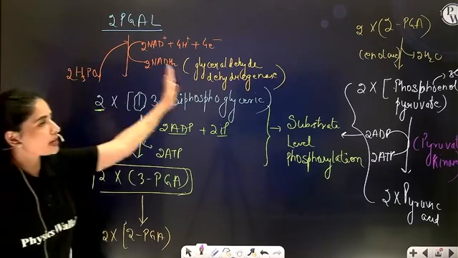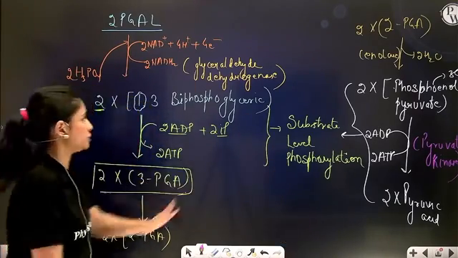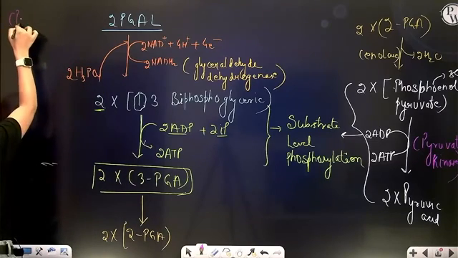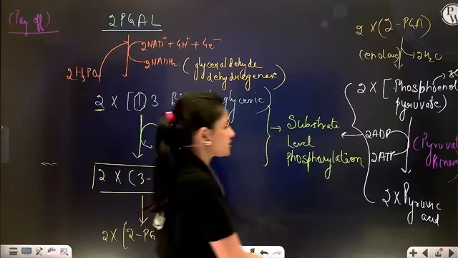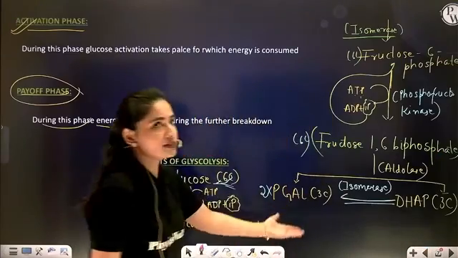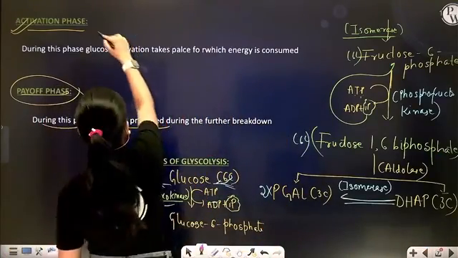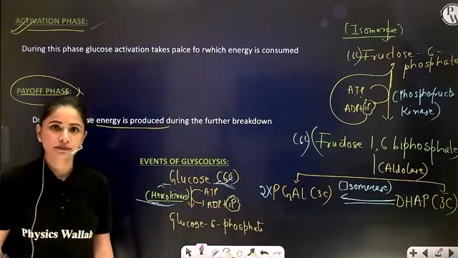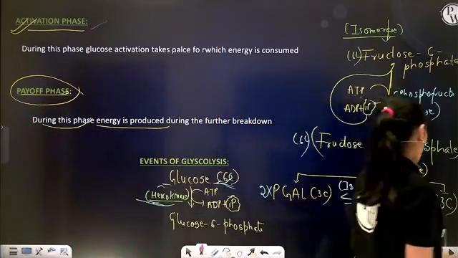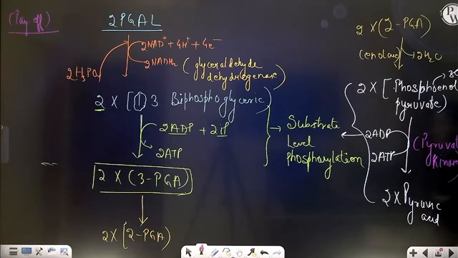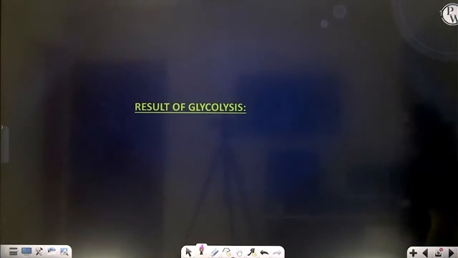So all the steps written on this page come under the payoff phase, and all the steps written on this page are of the activation phase. Right? I hope you have understood what glycolysis is all about.